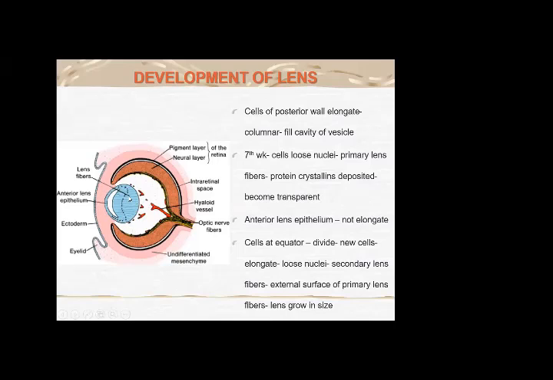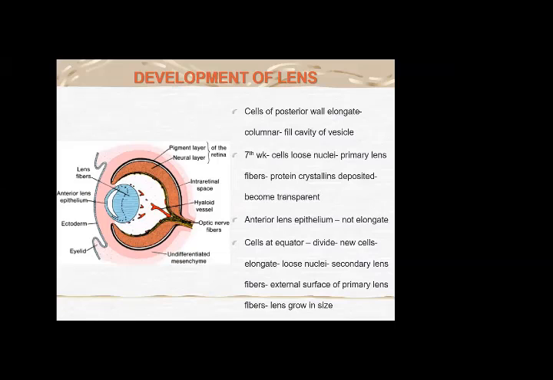So what happens is the epithelium of the posterior wall, which was cuboidal earlier, begins to elongate here, and gradually begins to fill the cavity of the lens vesicle.